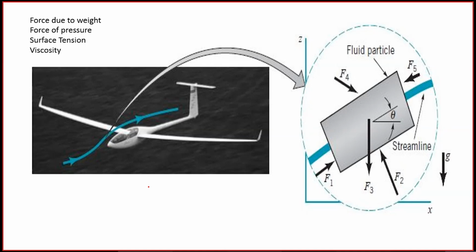So normally अगर हम बात करें, on a fluid particle there will be these four forces. Force due to the weight, force of pressure, surface tension, viscosity. ये 4 तरह की forces act करेंगी. But in order to keep our problem simple, we will ignore surface tension effects and we will ignore viscosity effects.